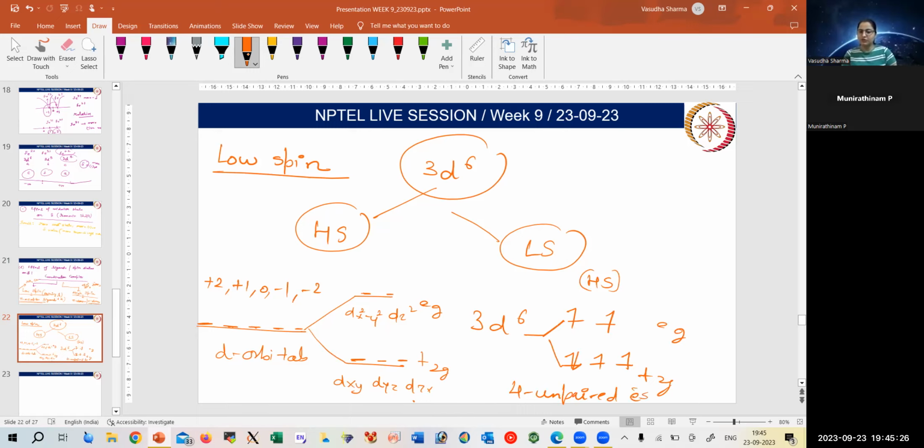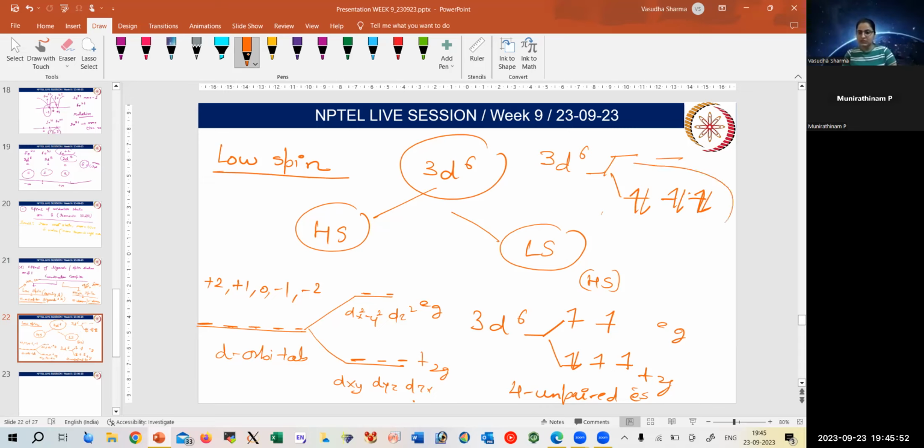If I have to draw the 3d6 in the case of low spin, pairing happens, as I said, because the electron density has been taken up by the ligands, which are accepting in nature. So firstly 1, 1, 1 in each, and pairing also happens here only. It does not let the electrons go to the excited state because of that pi accepting nature.